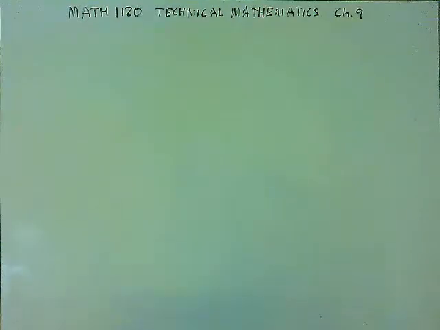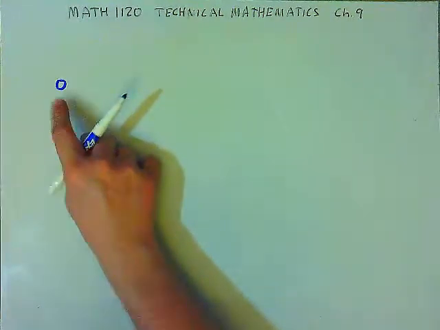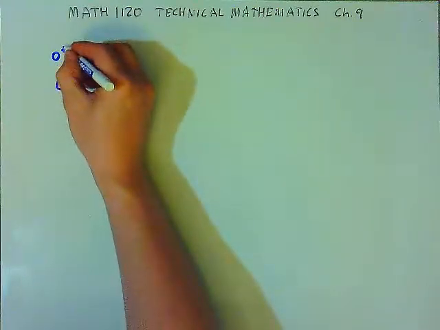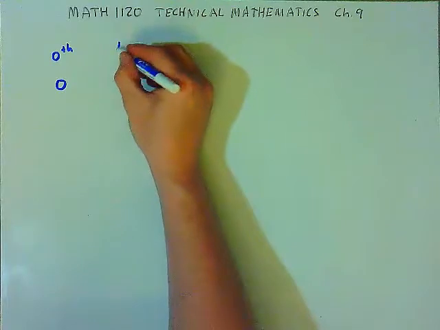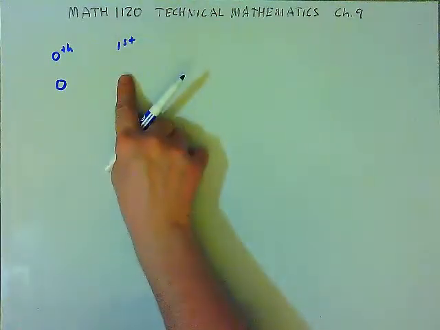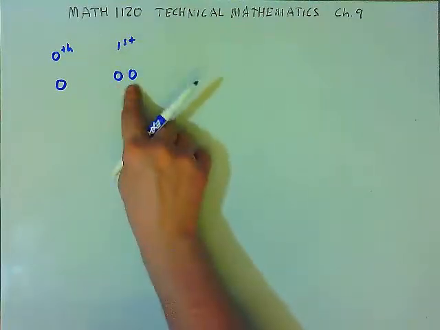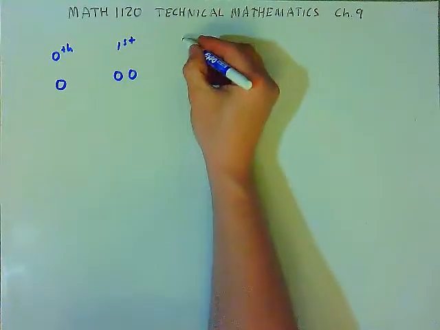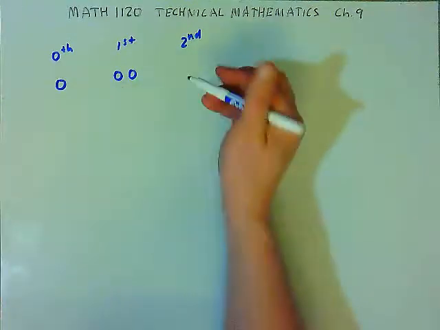Consider you have a single cell of bacteria, and we'll call this the 0th day. On the 0th day, you have a single cell. And on the first day, which is the next day, that single cell has split into 2 cells. So now you have 2 bacteria. On the second day, each of these cells split into 2, and now you have 4.